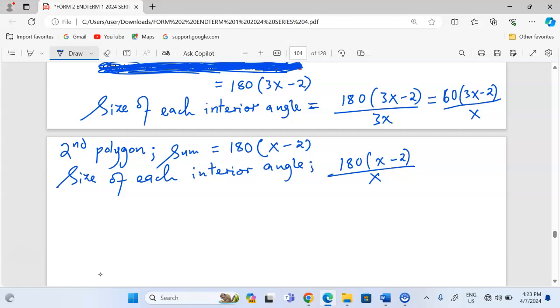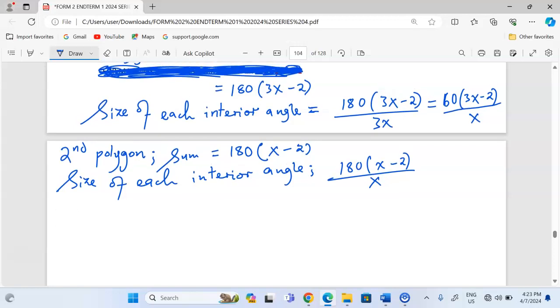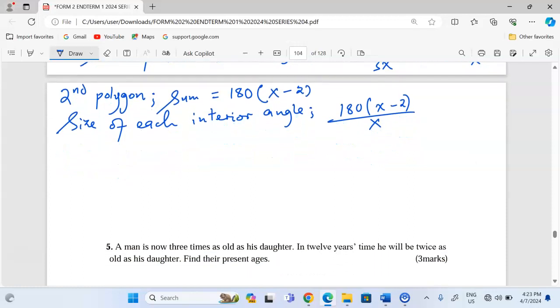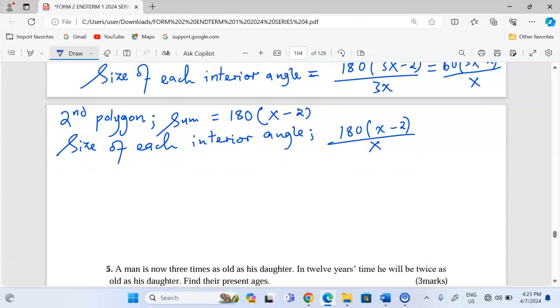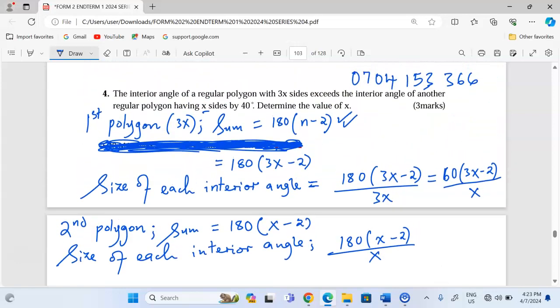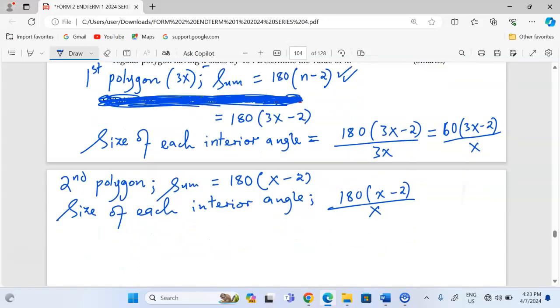Therefore, the size of an interior angle for the first polygon is 60 into 3x minus 2 over x, and for the second polygon it is 180 into x minus 2 over x. So at this point we can go back to our instructions. We've been told that the interior angle of the first polygon exceeds the interior angle of another regular polygon by 40 degrees.